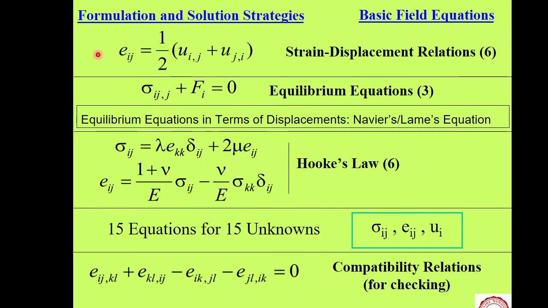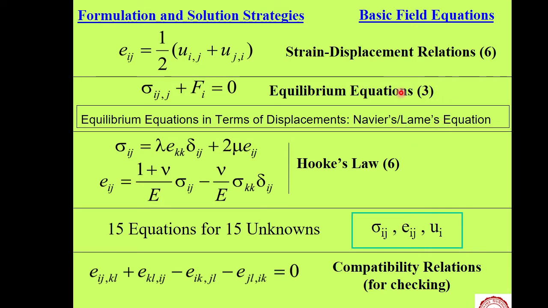Okay, what next? Now regarding formulation, you see that basically we have 15 equations with 15 unknowns. What are these unknowns? They are the 6 strain components, then 6 stress components, and the stress and strain are related by additional equations.